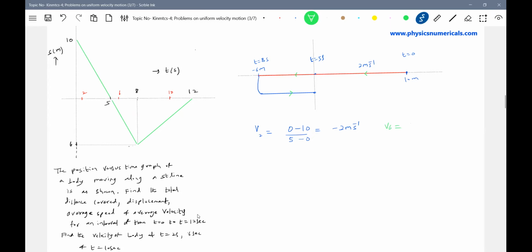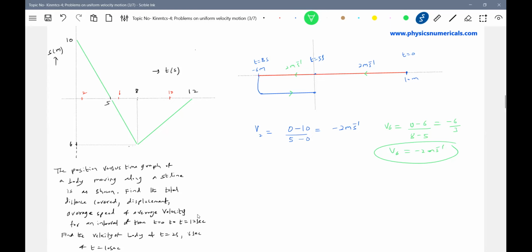V6 should be equal to 0 minus 6 by 8 minus 5, minus 6 by 3, minus 2 meter per second. So again, the body is moving with 2 meter per second towards left only.